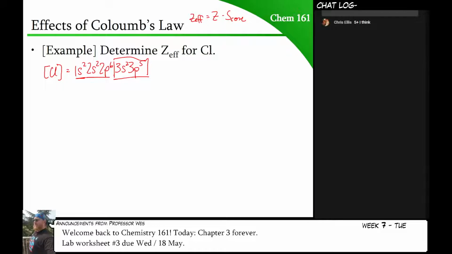I'm going to underline my core electrons. So we're going to subtract these two. What number of protons is in chlorine? That's 17. And then I'm going to subtract the number of core electrons. So that would be 6, 8, 10. There you go.